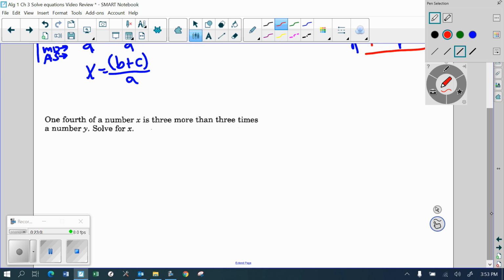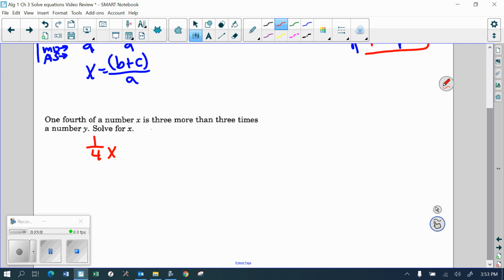And here, 1/4 of a number x. 1/4 of means times. A number x equals 3 more than, so it puts plus 3 at the end, 3 times a number y. So there's my equation.